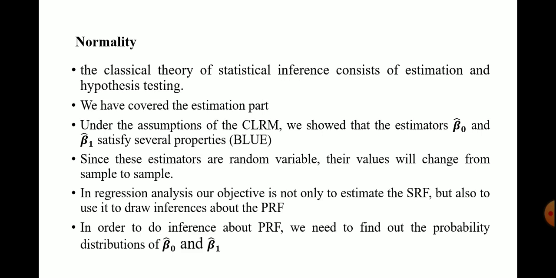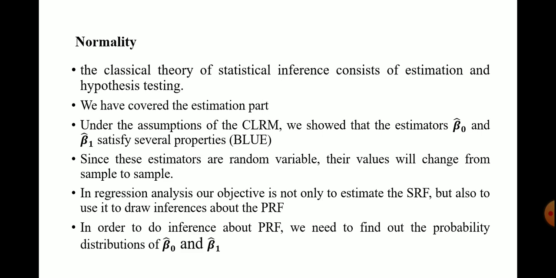We have already seen that under the assumptions of the classical regression model, the estimators beta cap 0 and beta cap 1 possess certain desirable properties, and these properties are contained in the well-known Gauss-Markov theorem, or BLUE properties.